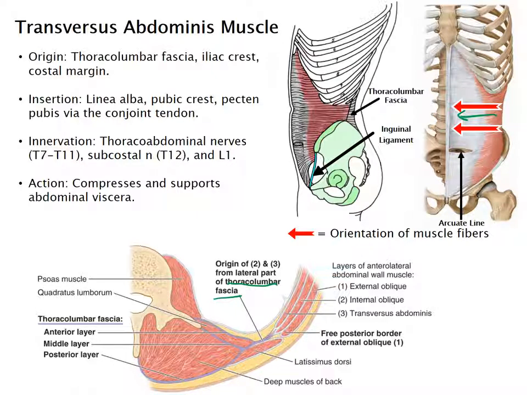That is, the posterior tendon of the transversus abdominis is derived from the thoracolumbar fascia. Other areas of this muscle will originate from the iliac crest and the costal margin. And once again, the fibers from the aponeurosis will decussate in the midline at the linea alba.